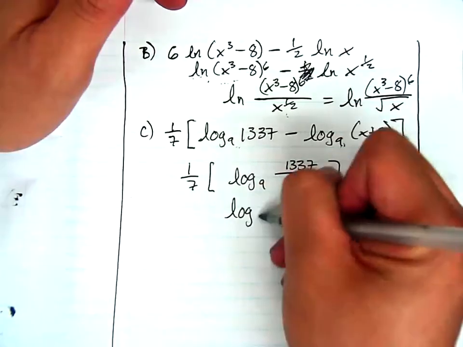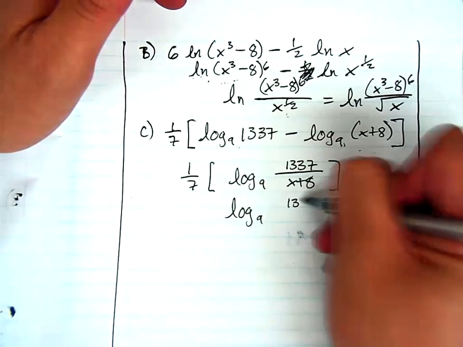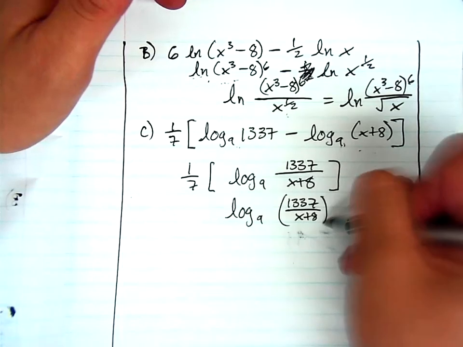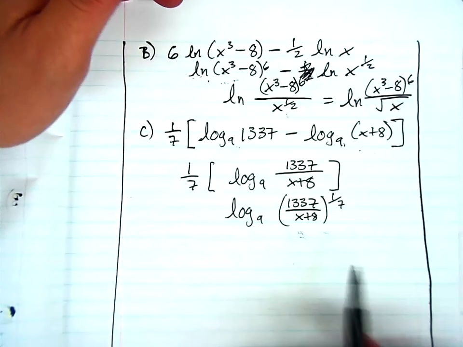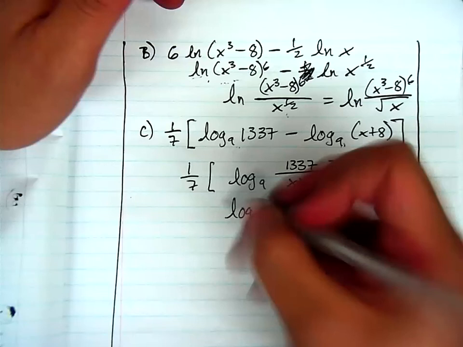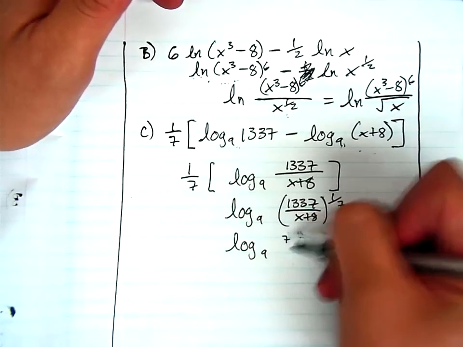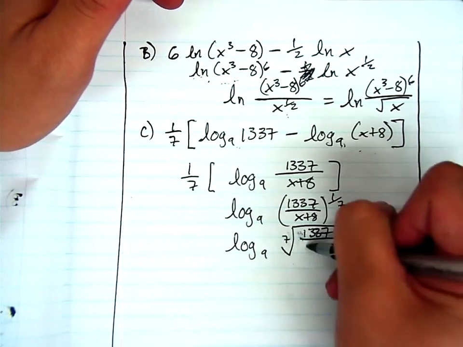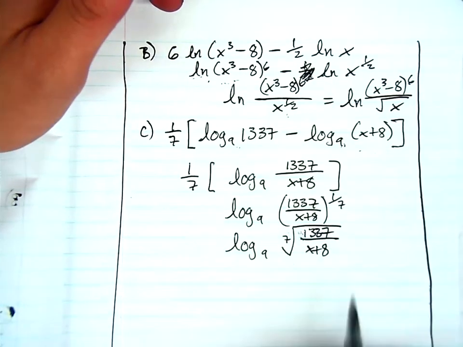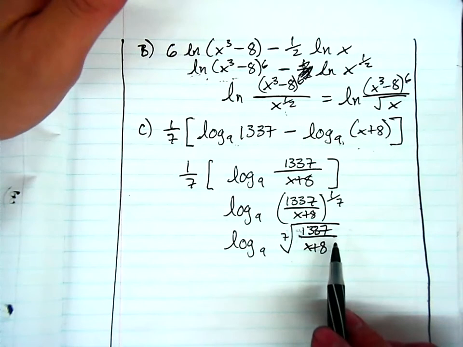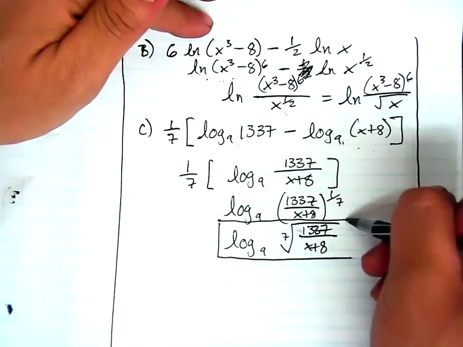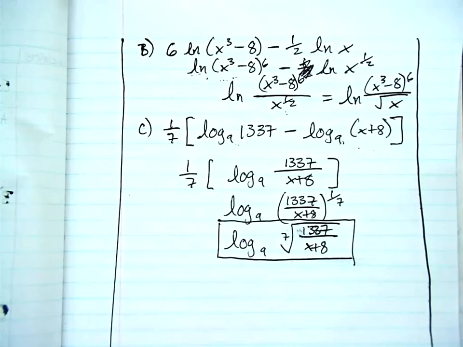So log base 9 of 1,337 over x plus 8, and the entire thing is raised to the 1/7 power. And because of that, we have the 7th root of this entire expression. Okay? So the 7th root of 1,337 over x plus 8. This is completely condensed. All right.